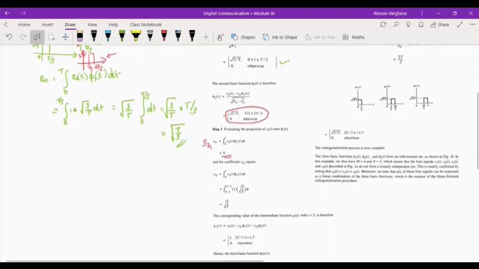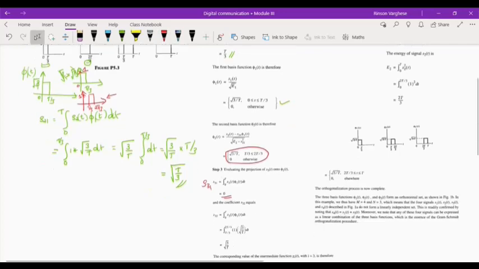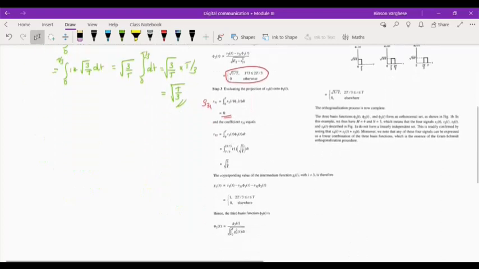Now the second, S32, that is the contribution of the second basis to the signal S3. There you will have something, because the second basis starts from T by 3 and ends at 2T by 3. I have given you all the required documents, so you can see those and find it, or work it out yourself. You will get this one.